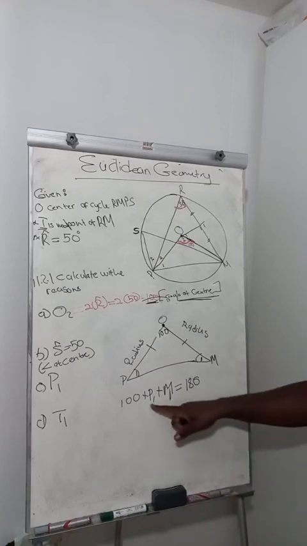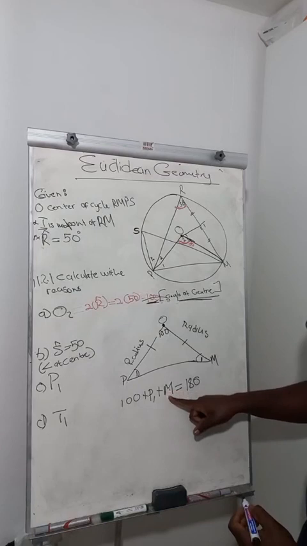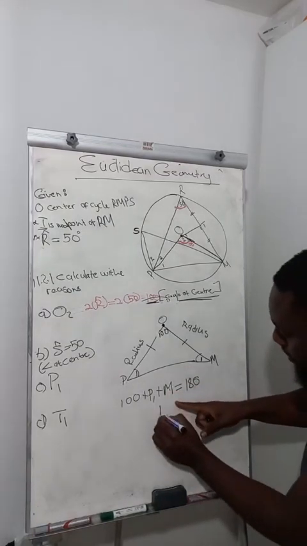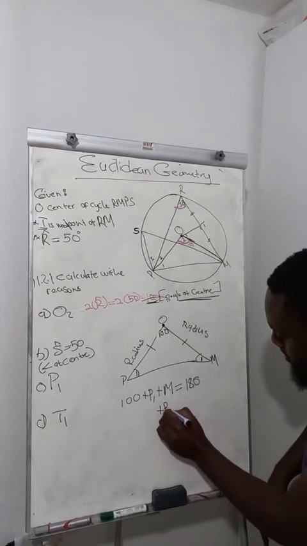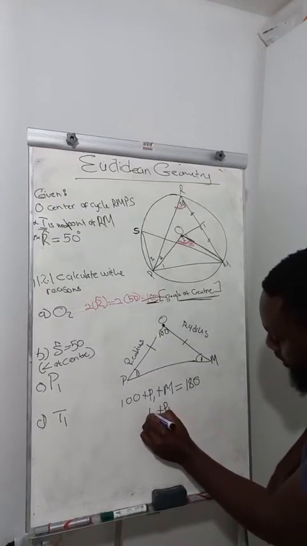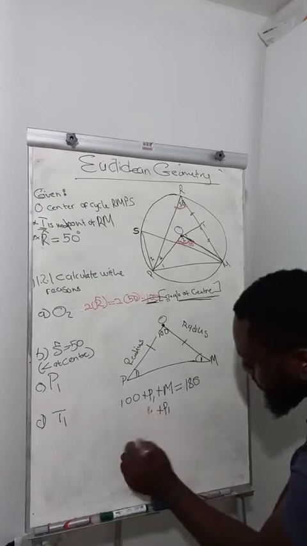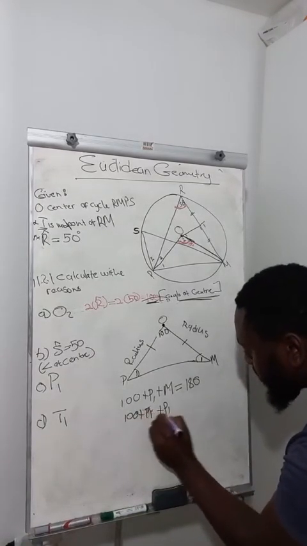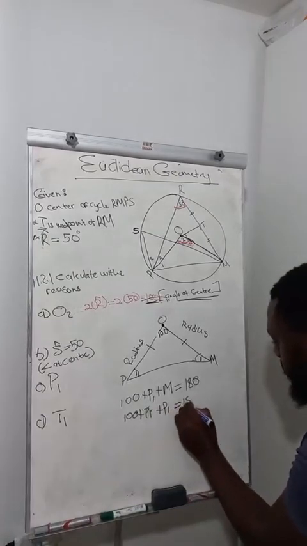Now P1 and M1 are equal, so where there is M, you can write P1. So here I'll say plus P1, and then 100 plus P1 plus P1 is equal to 180.